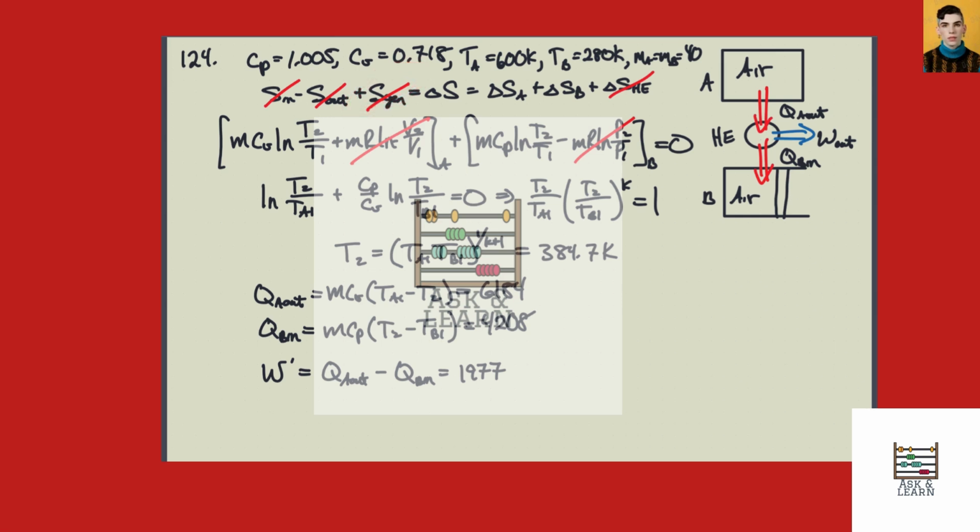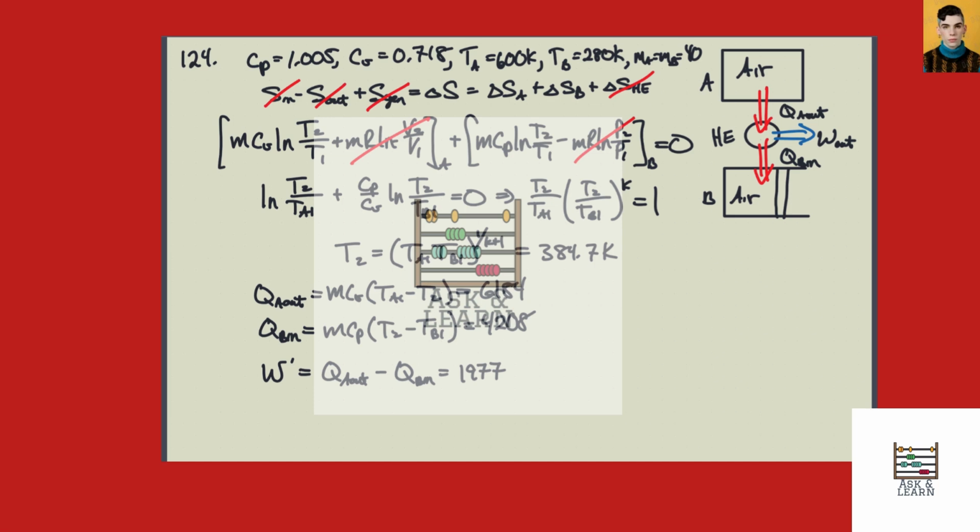That means we have ideal gas, so we can write our two changes in entropy in terms of change in temperature and change in pressure. We do that because the change in volume up here is 0, and the change in pressure down here is 0, so those terms go away. The mass goes away because we had the same mass of air in both tanks.